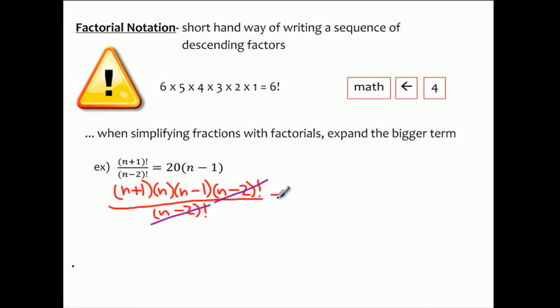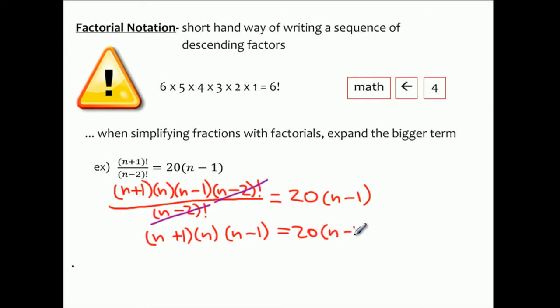And then on the right side of the equation, we still have 20 times n minus 1. Let's just rewrite what we have here. We have n plus 1 times n minus 1, and then this equals 20 times n minus 1.